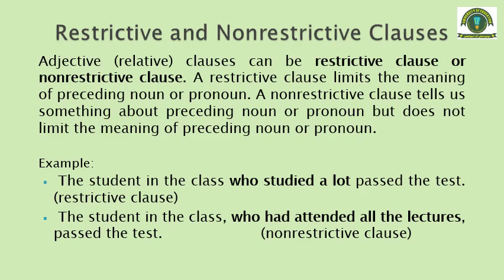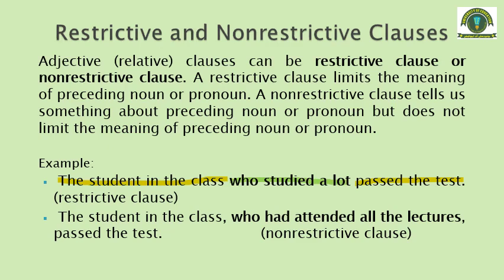Here is an example. The student in the class, let me highlight the portion, passed the test. They are talking about the student in the class who had passed the test. Now they have added a clause into it, "who studied a lot." The student in the class who studied a lot passed the test.